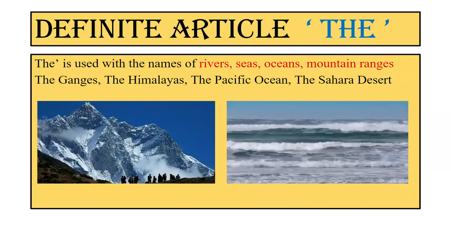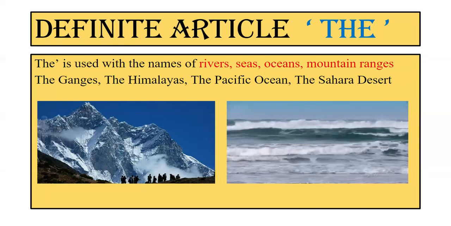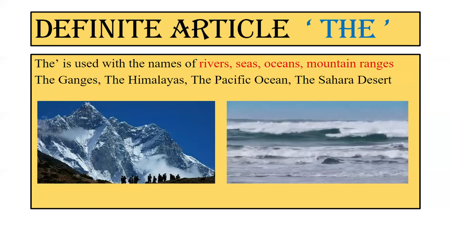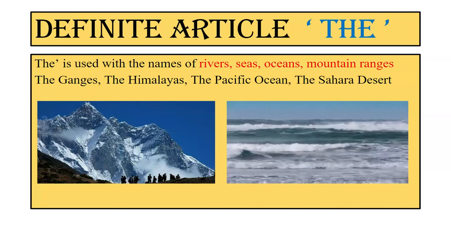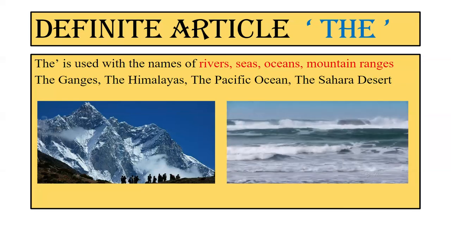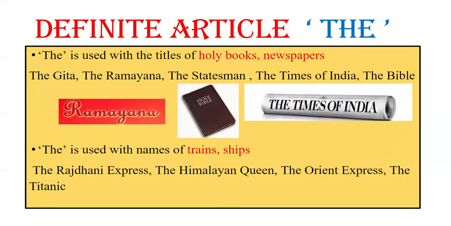Now, the is used with the names of rivers, seas, oceans, mountain ranges, like, for example, the Himalayas, the Pacific Ocean, the Sahara. So we use the with them, proper nouns. The is used with the names of holy books and newspapers. So when we say the Times of India, the Ramayana, the Bible.